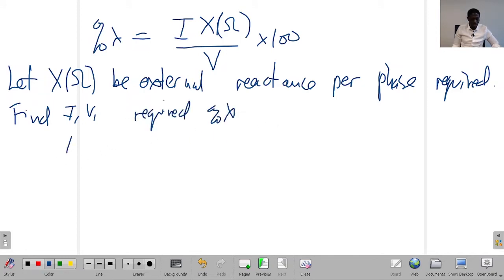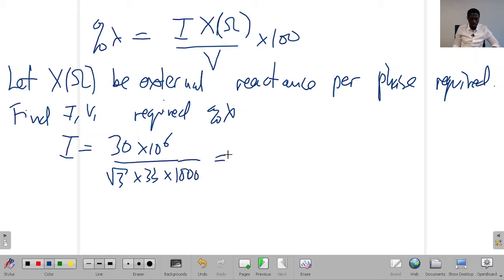Now we'll need to find the current, the voltage, and the required percentage reactance. The current in this case is going to be equal to, we've got a 30 MVA rating, so 30 by 10 power 6 over root 3 by 33 kV by 1000, which is 10 to the power 3. This gives us 524.86 amps.